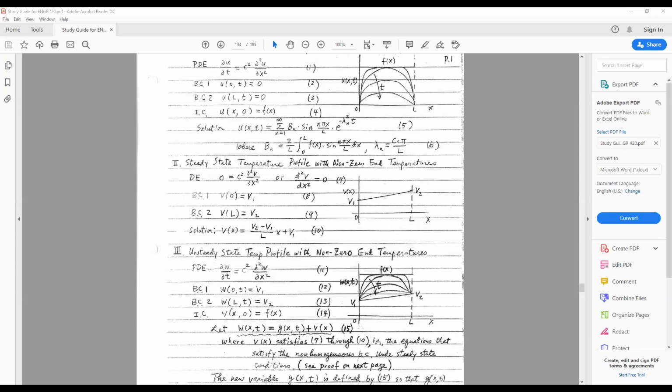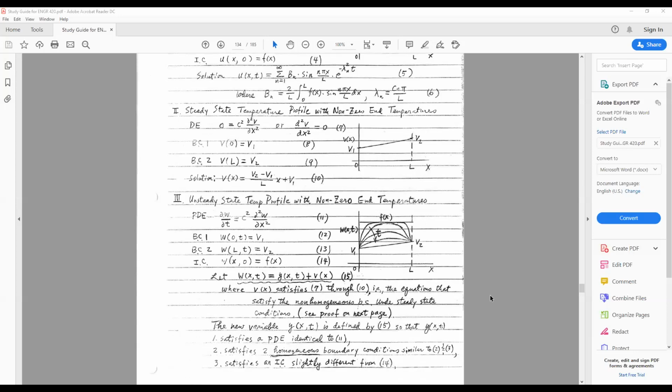Because V is already known, our goal is to find W, but Y is something we can find because the boundary conditions associated with Y are going to be homogeneous by using this substitution.